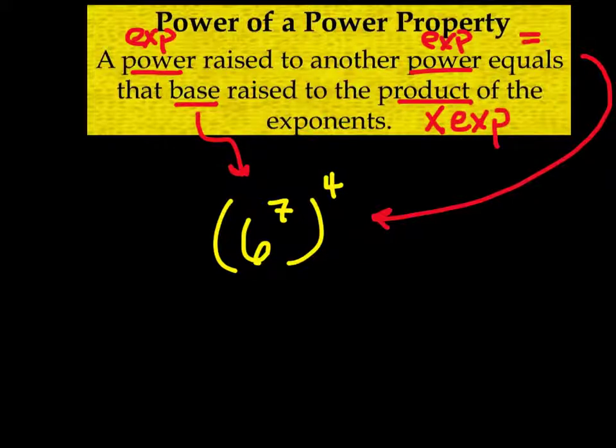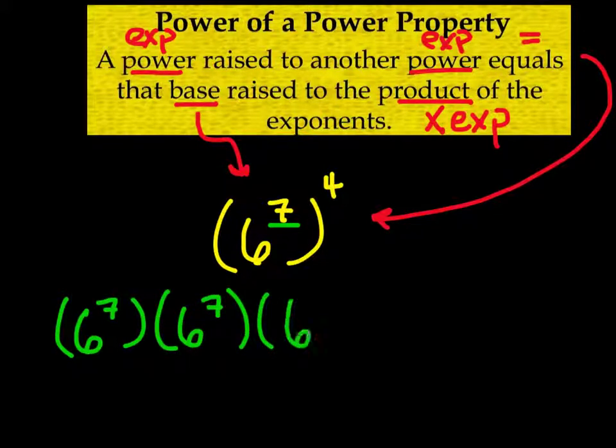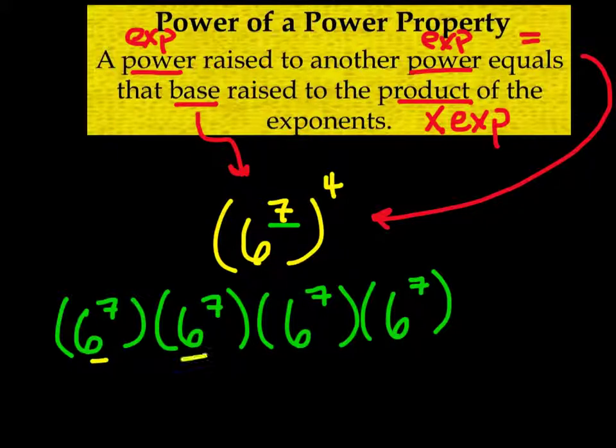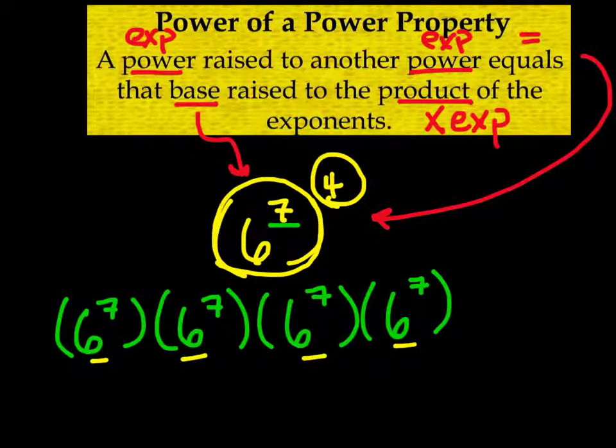So following that rule, we have 6 to the 7th power, so we can rewrite this as 6 to the 7th times 6 to the 7th times 6 to the 7th times 6 to the 7th. The reason I did this is we have an exponent of 4, so we're multiplying everything that was inside of the parentheses 4 times over.